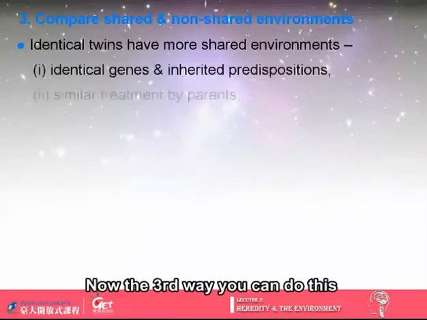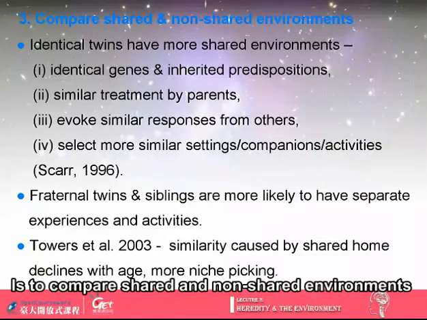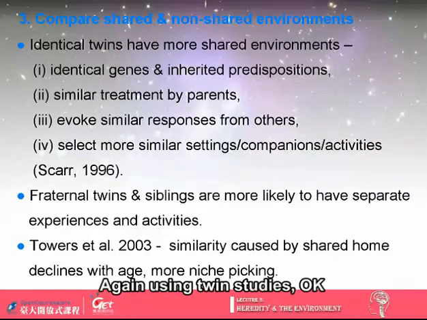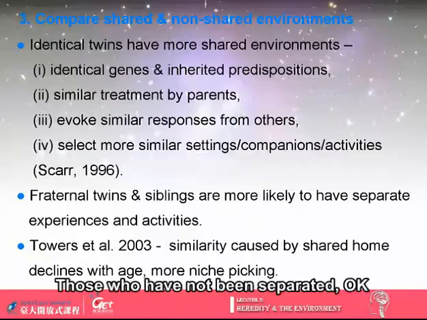Now, the third way you can do this is to compare shared and non-shared environments, again using twin studies. Okay? Now, the idea is identical twins have more shared environments, those who have not been separated. Okay?